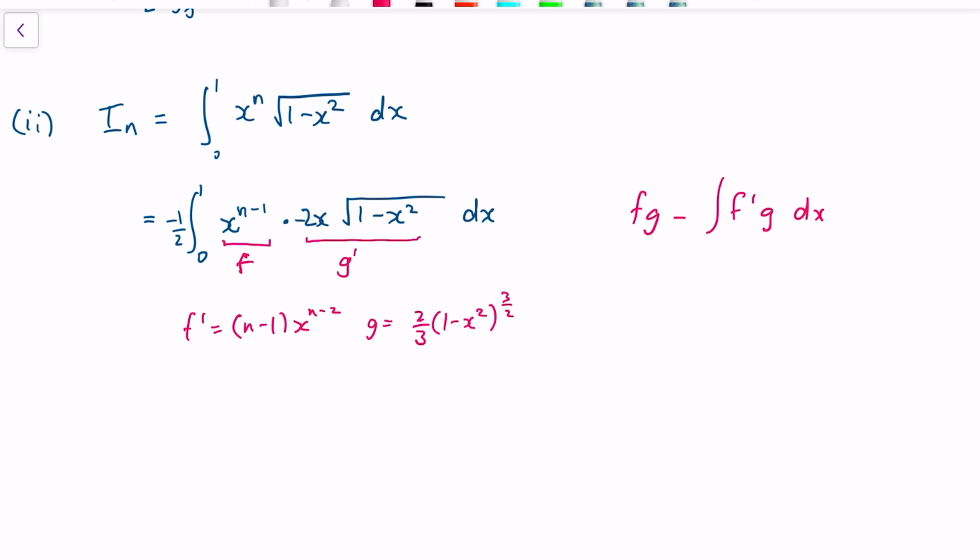Okay, therefore the integral, minus 1/2 times this. I'm just going to ignore the limits for now, the limits between 0 and 1, and just find the antiderivative.